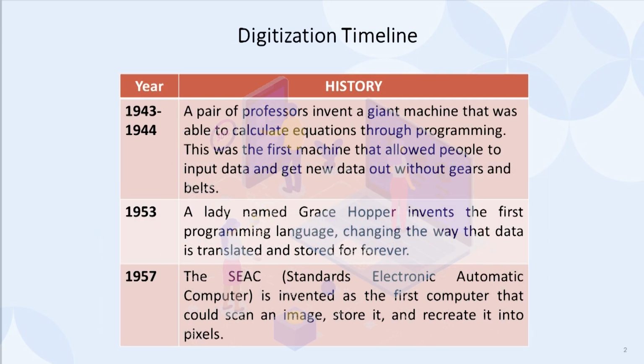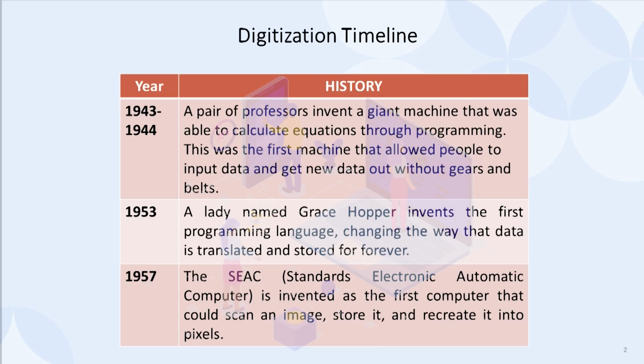Digitization timeline, 1943 to 44: a pair of professors invented giant machines that were able to calculate equations through programming. This was the first machine that allowed people to input data and get new data out without gears and belts.